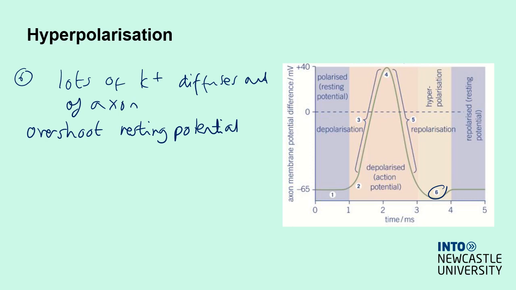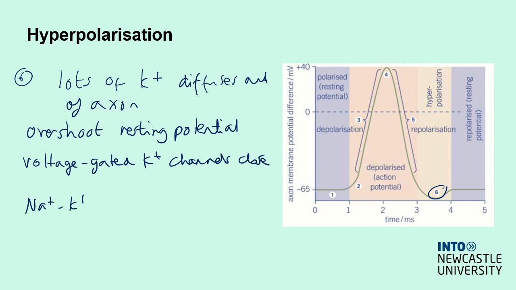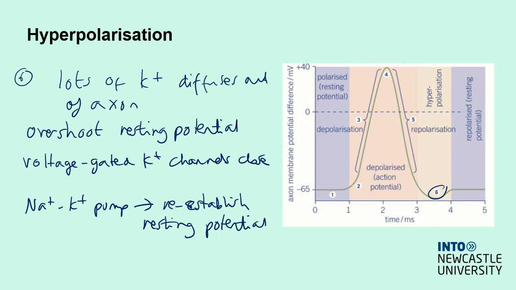But what will happen is the voltage gated potassium channels will close. We're going to restart the sodium potassium pump, and this will work hard to re-establish the resting potential, moving the sodium out and the potassium in to get back to -70 millivolts.